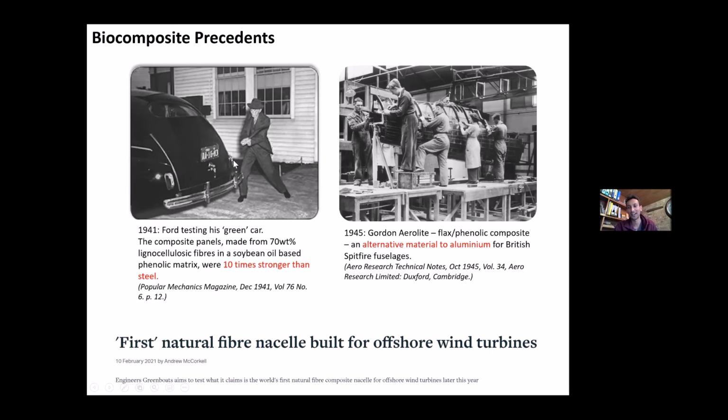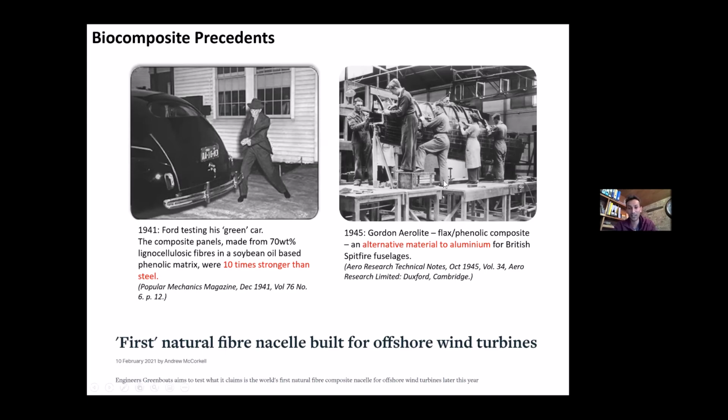And these were to replace steel in the 1940s. So this is just before when oil became suddenly really cheap and plastics became a bit more common and glass fiber took off after that. Also, soon after, hemp was banned for growing in the US as well. So that took a shock to the industry.